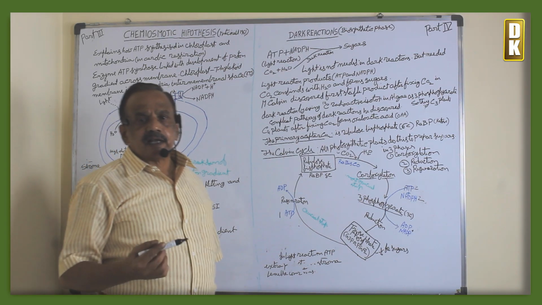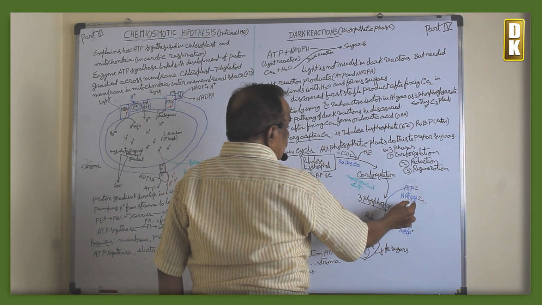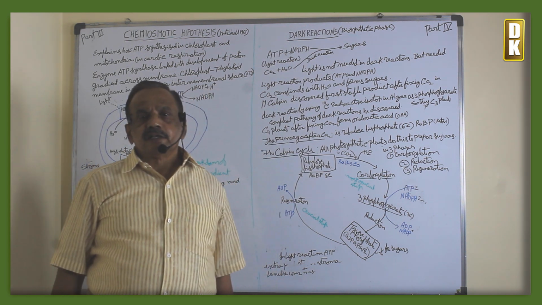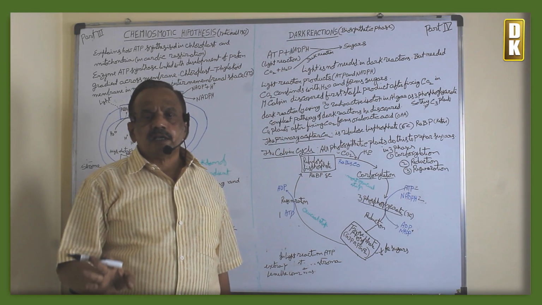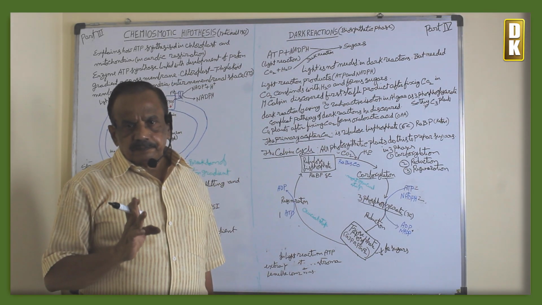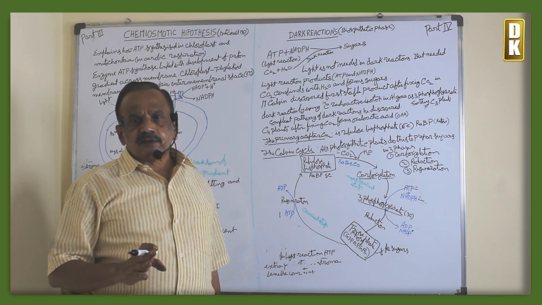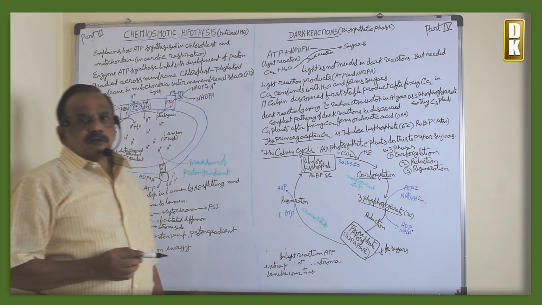NADPH is used in only one place, 2 NADPH for one cycle, and for C6H12O6 it is 2 into 6, that is 12. So 12 NADPH and 18 ATP are required for the formation of one glucose molecule.